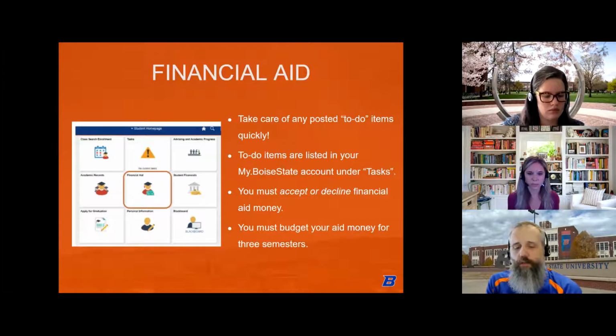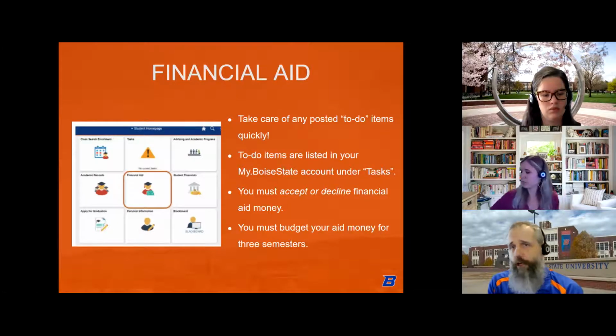You do want to make sure that if you are planning on taking summer classes for that school year, do keep in mind that the amounts that you're seeing posted, it's dividing that year's amount between the fall and the spring only. It's not automatically knowing that you are wanting to take summer classes, because on campus, that's an optional semester.